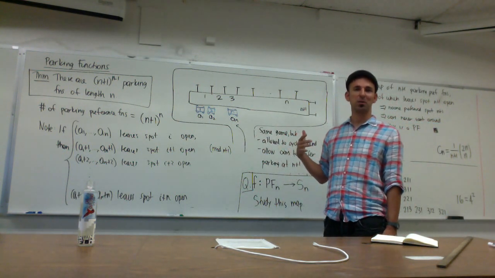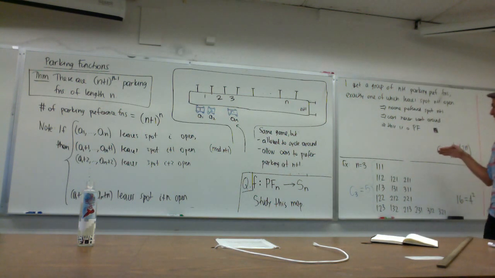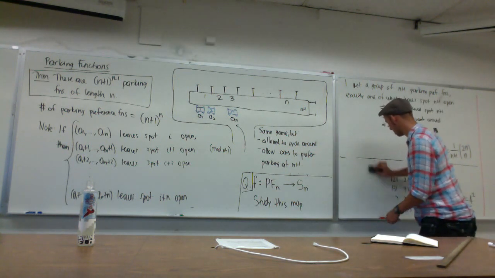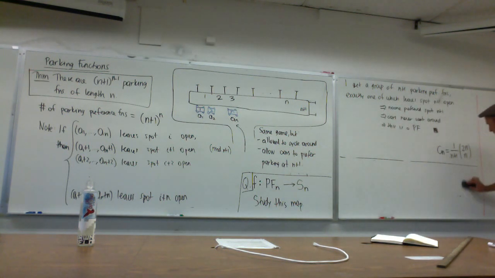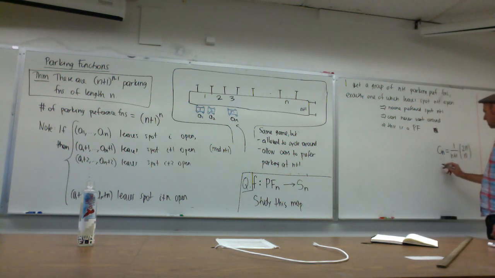And so I invite you to think about how this can be used to also explain this formula. So is there a bijective proof like this one? It's related to this.